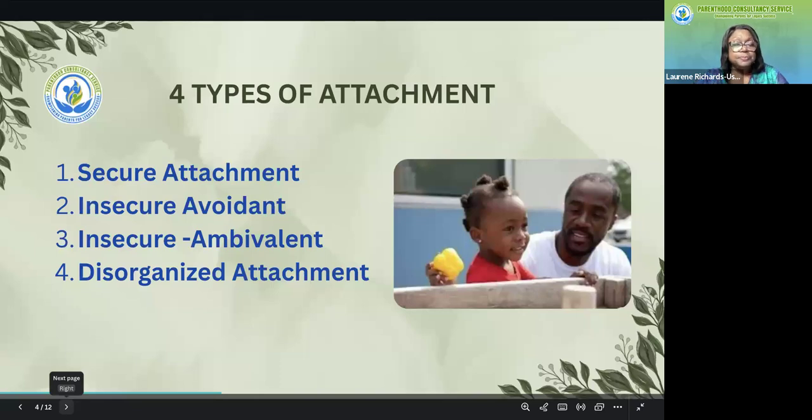This tells us that the parent may be emotionally unavailable or rejecting. So I can see that this is a cycle, and it has to do with childhood.